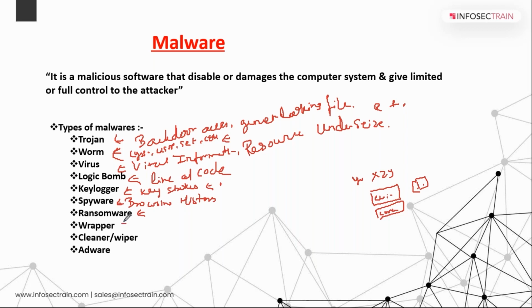Then we have a wrapper over here. Sometimes we need to deliver a malware, but what we do is wrap it inside something. We encode it inside one particular thing. Let's say I am sending you a Word file.